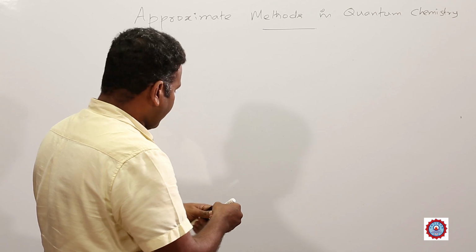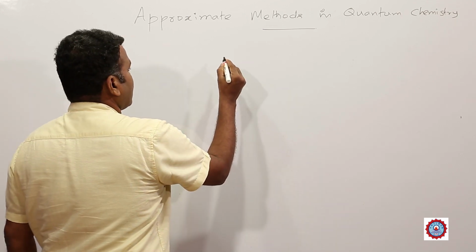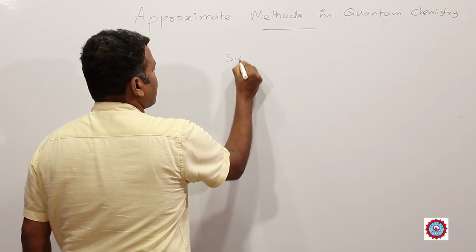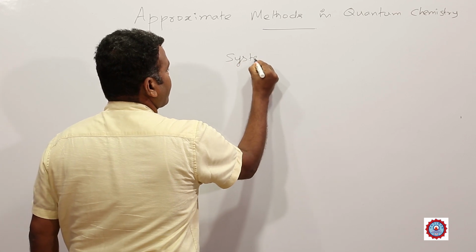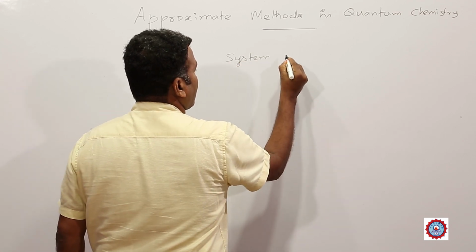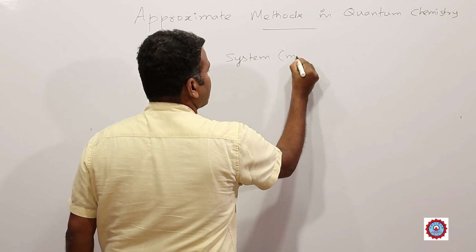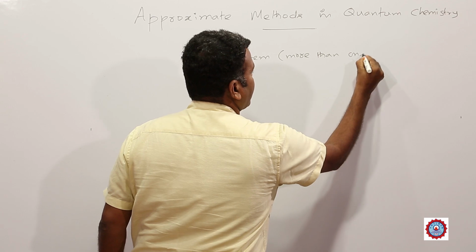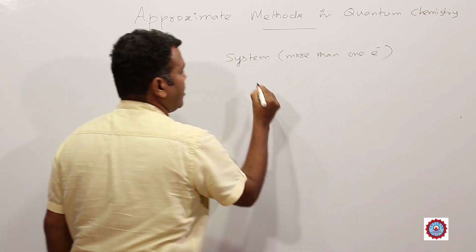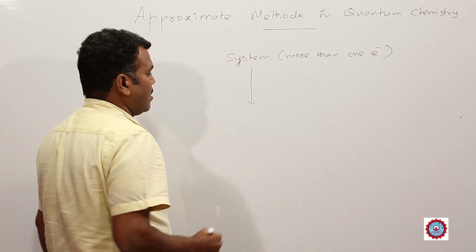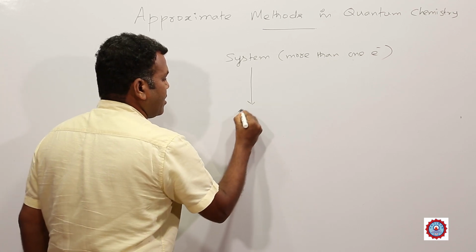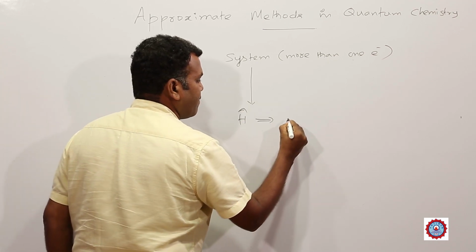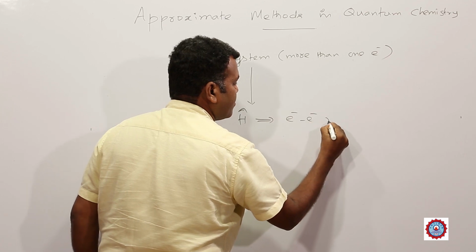We know that for a system containing more than one electron, the Hamiltonian consists of an electron-electron repulsion term.